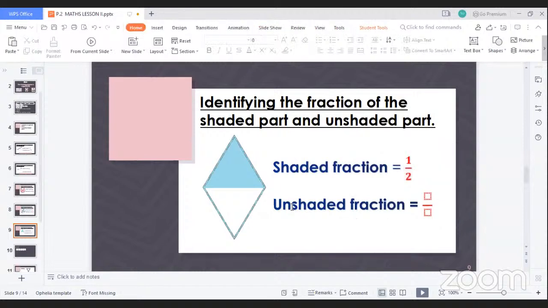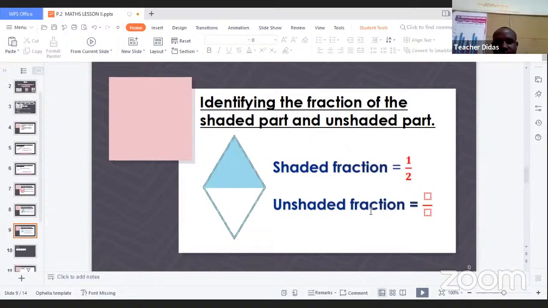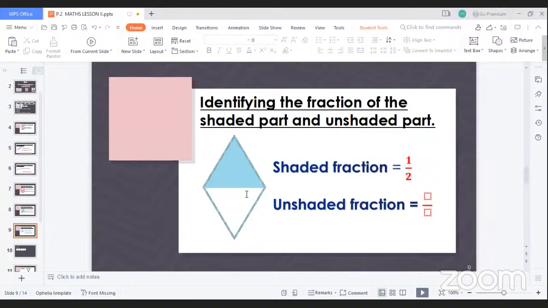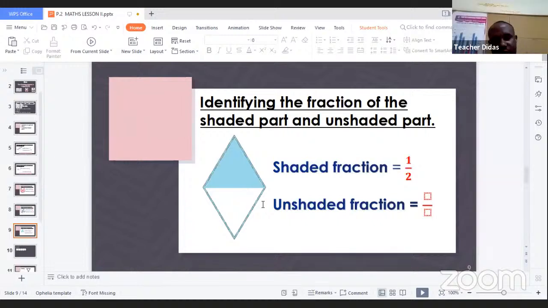Now we're on the second one, the unshaded ones. What do I do? You have 2. I first count all the parts.